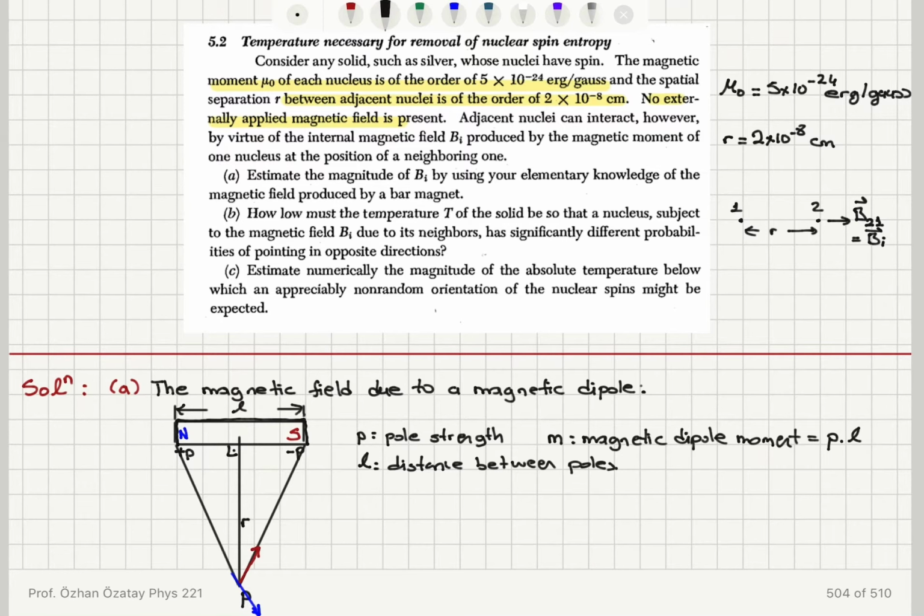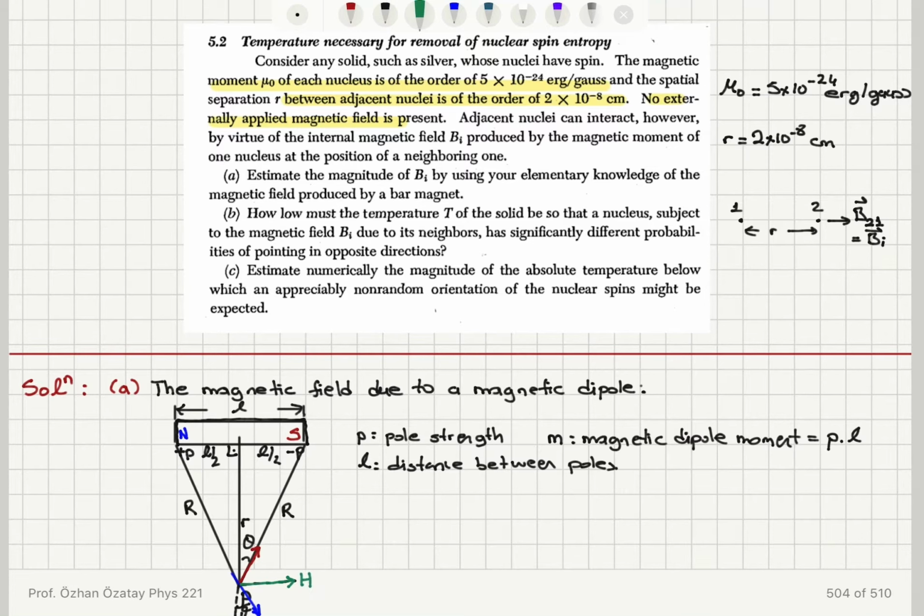If you complete this triangle here, this is L over 2, L over 2. I'm looking at a radial distance r from the center, and so this is the capital R distance between the poles and point P of interest. So you can see that if you complete this triangle, this angle is theta, this angle is theta, the magnetic field at this point will be pointing in this direction.